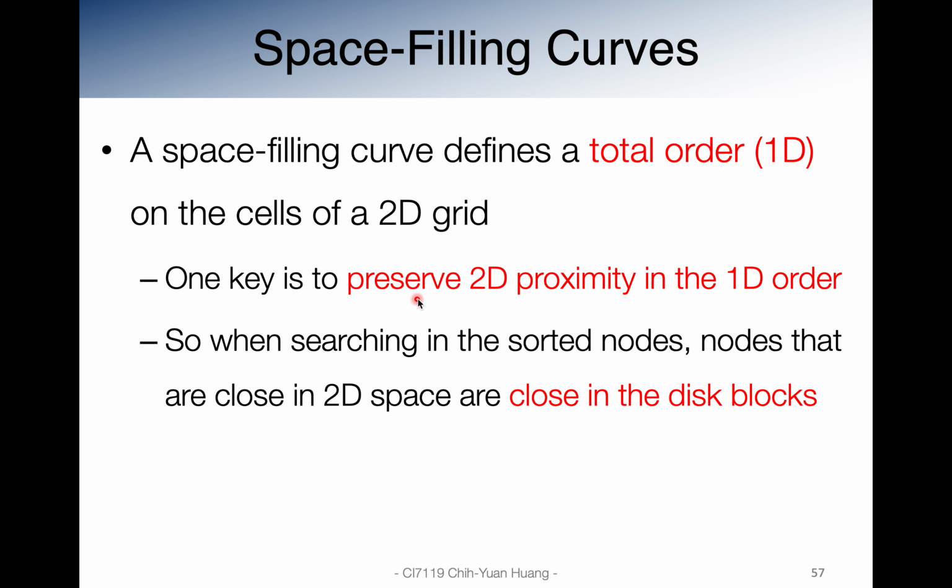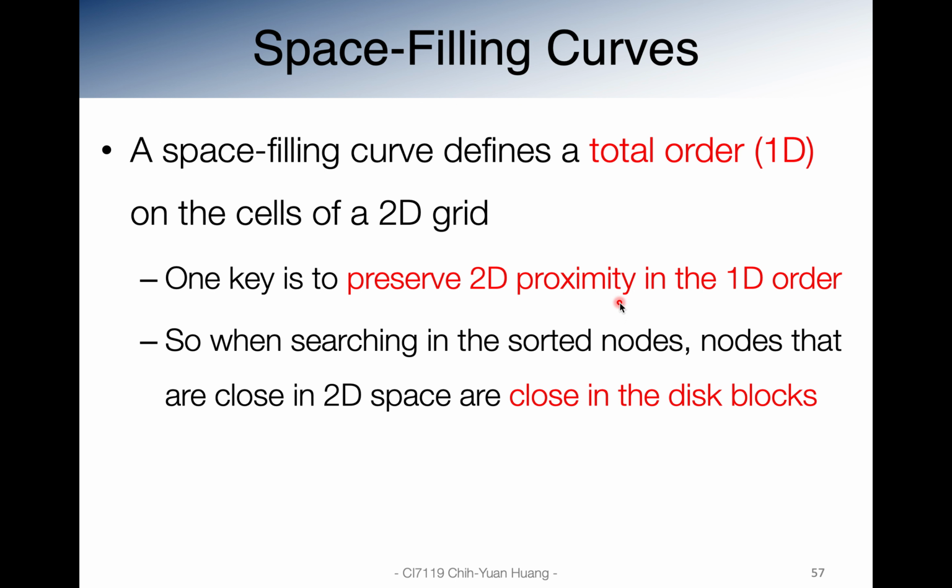One key is to preserve the two-dimensional proximity in the one-dimensional order, which means that if two cells are close to each other in the two-dimensional grid, then they should be close to each other in the one-dimensional order as well, so that we preserve these two-dimensional proximity characteristics in this one-dimensional order.